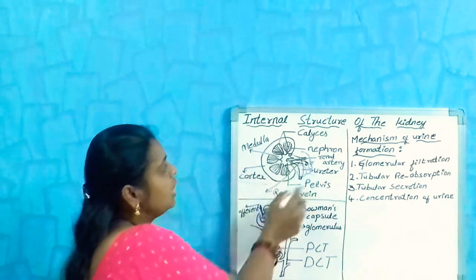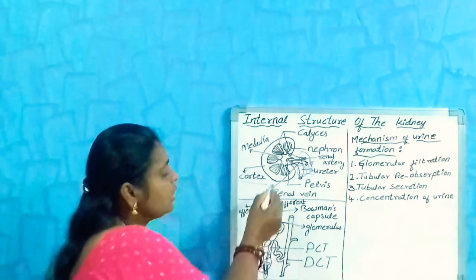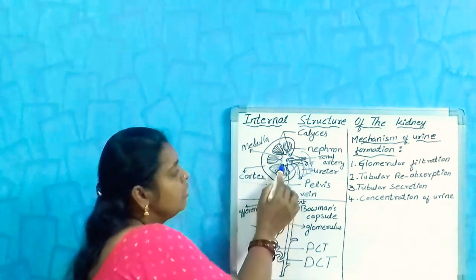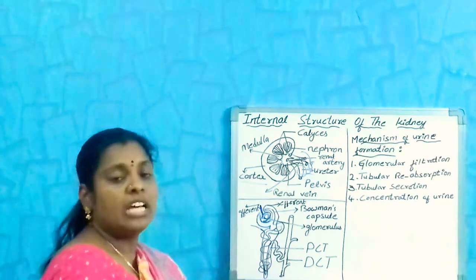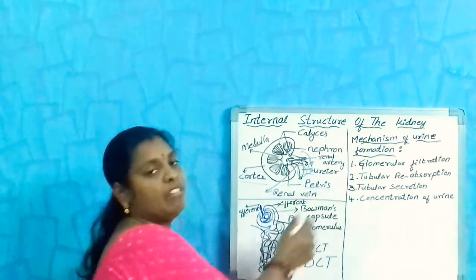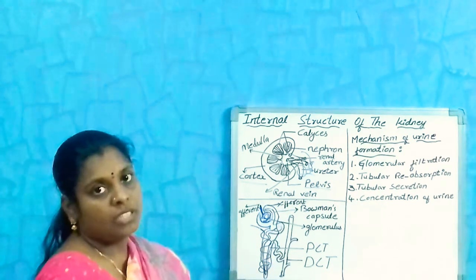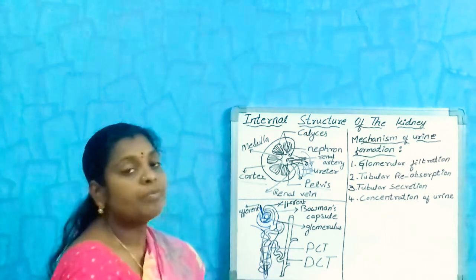So, this is the internal structure of the kidney. And the part where the medulla and the hilus are connected, we call it the pelvis. This is about the internal structure of the kidney.